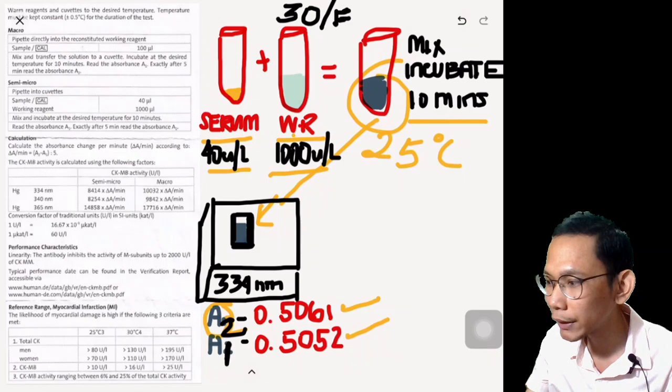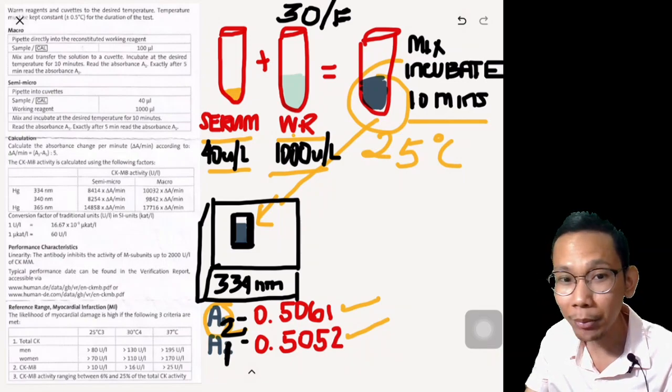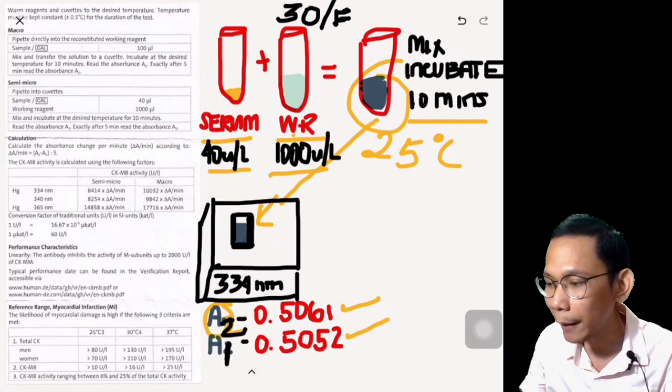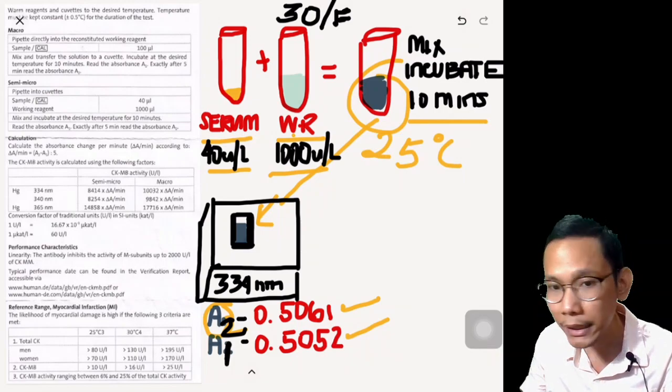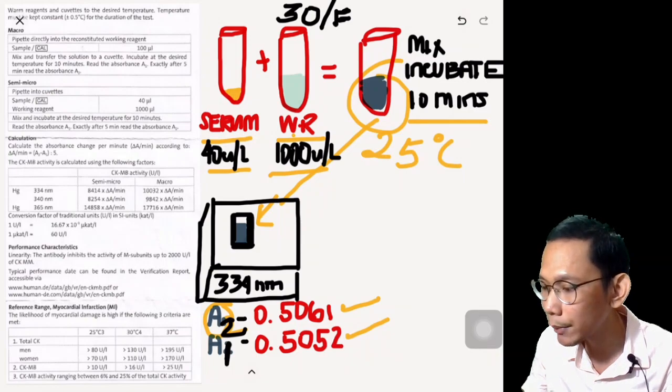Mix and incubate for 10 minutes, and after 10 minutes, put it in the cuvette and have the spectrophotometer detect it. Check the absorbance. For the first absorbance, after 10 minutes of incubation, the value was 0.5052. Right? 0.5052, first value.